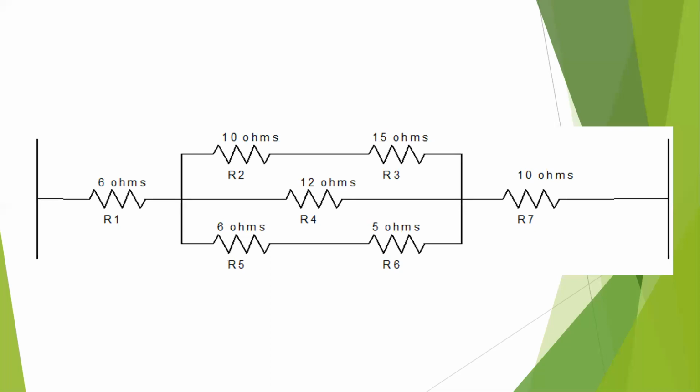Knowing that our E total is 120, we can now find our current. Use Ohm's law: I equals E over R. These are all the totals.